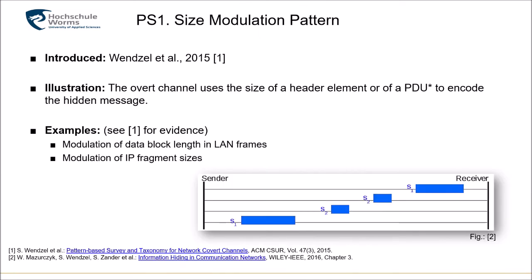So we have first the size modulation, where the covert channel modifies the size of a PDU to encode hidden information. You can do this for IP, you can do this for frames, you can do this for every protocol basically that allows a non-static payload size to signal hidden information. For instance, large packet means hidden symbol 1, small packet means hidden symbol 2.